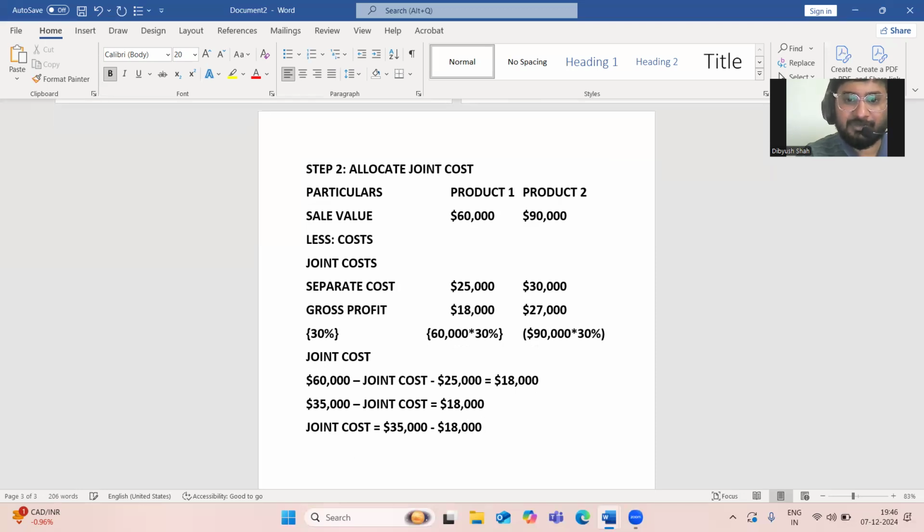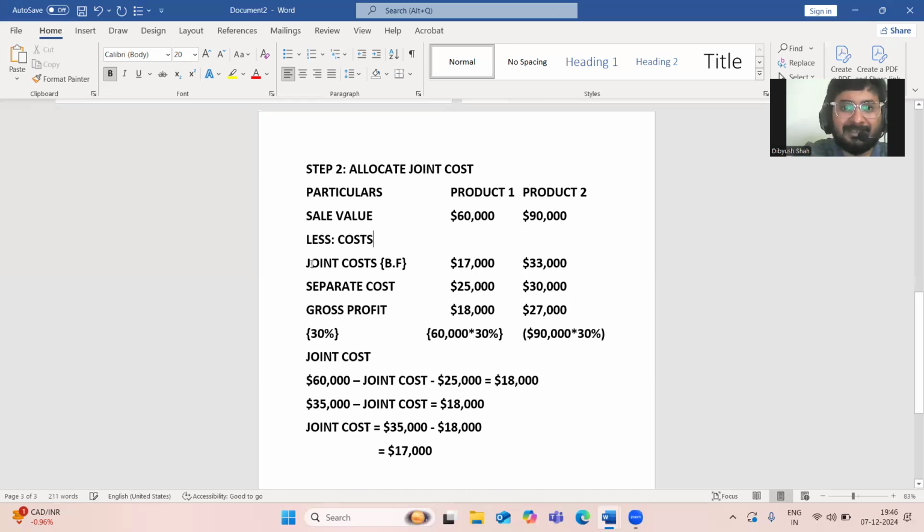So joint cost will be $17,000. For those of you who can understand it directly, it will be very, very easy. It is a balancing figure. So it is 17,000. So 60 minus 17 minus 25 should be equal to your gross profit. And out of 50, 17 has gone to product 1. So 33 should go to product 2. This is your joint cost.